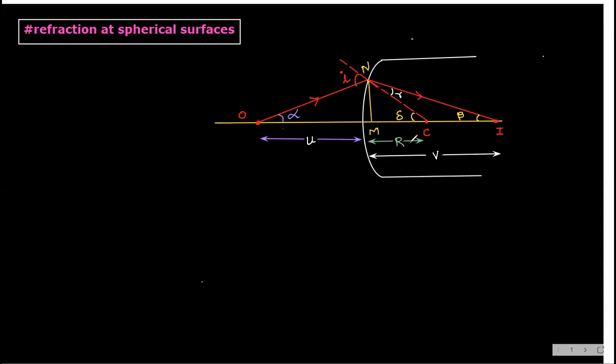One is this side, and one is inside that curved surface. So this is medium 1, and its refractive index is mu1. Inside that glass slab or whatever that curved part is, that is medium 2, and its refractive index is mu2. Clear? So you understood the diagram.